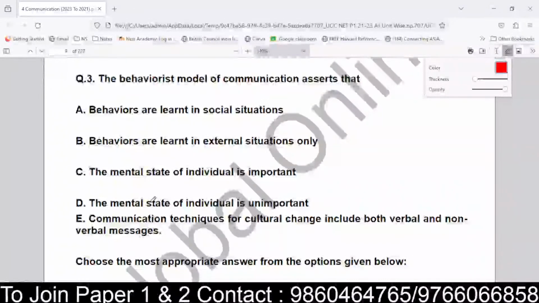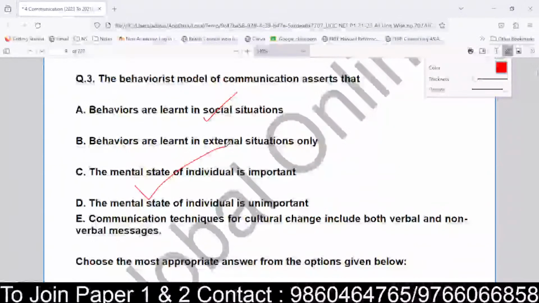So if you see the options which are given to us, which option goes well with that? Option A: behaviors are learned in social situations, yes.